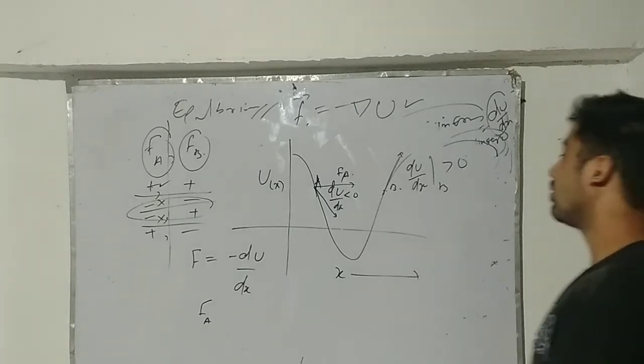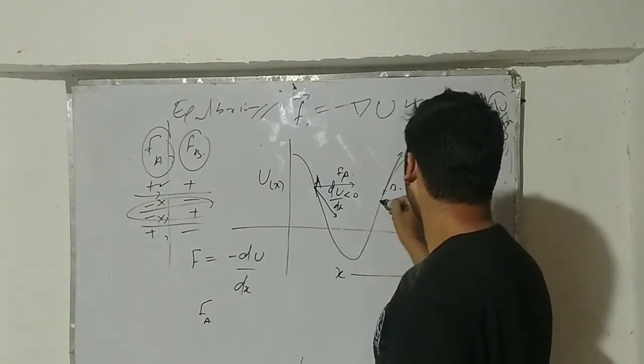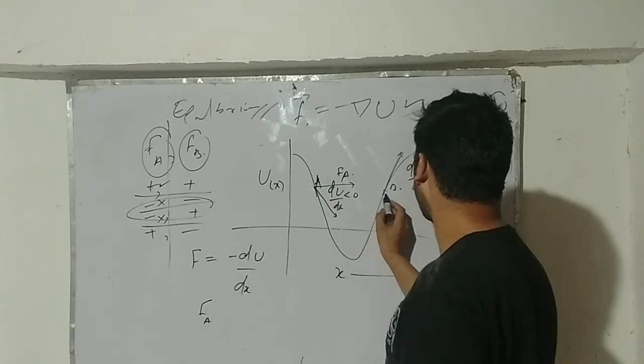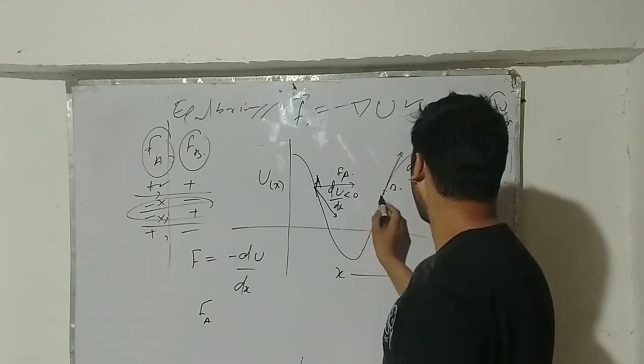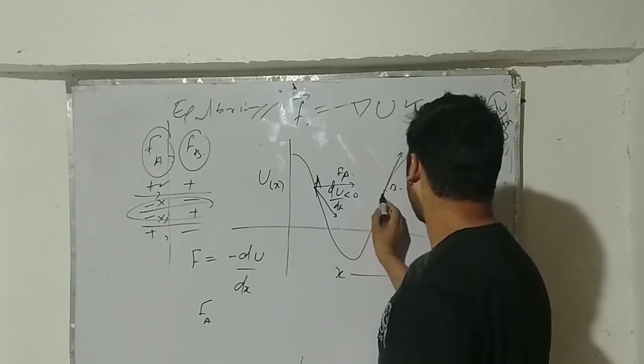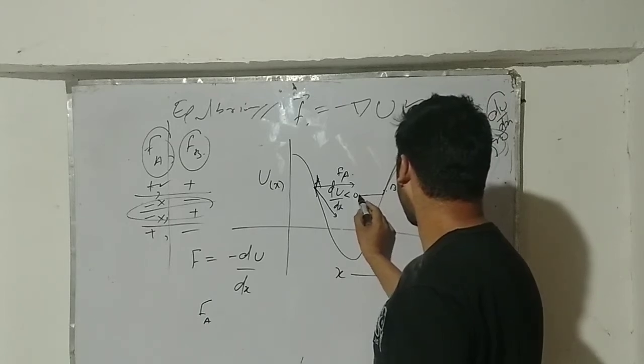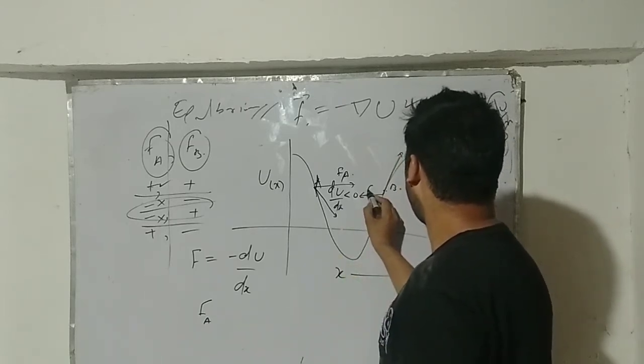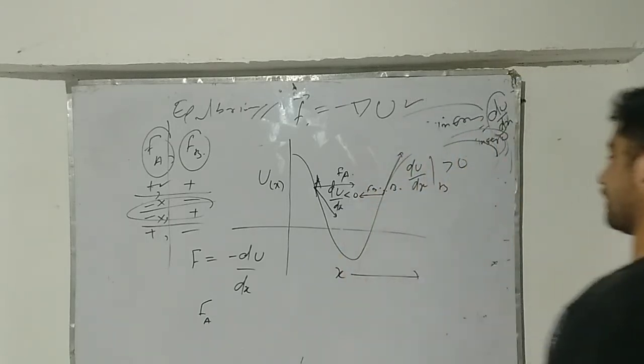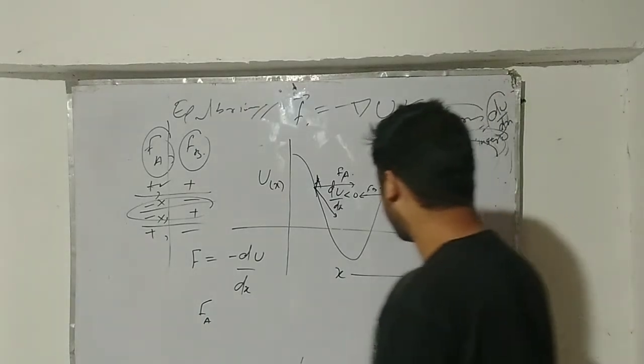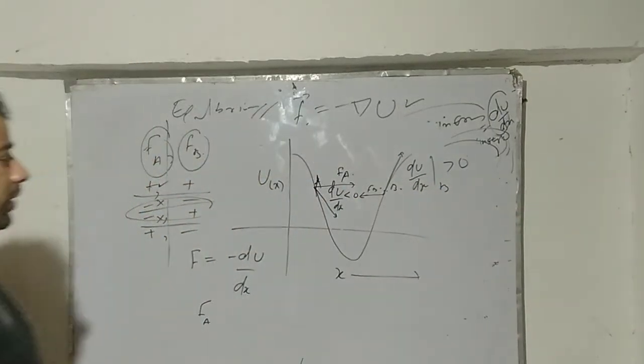Sorry, my slope is increasing here, but at the same time, I can look at my force. My force will be in this direction. Okay, at point B, my force will be in this direction.